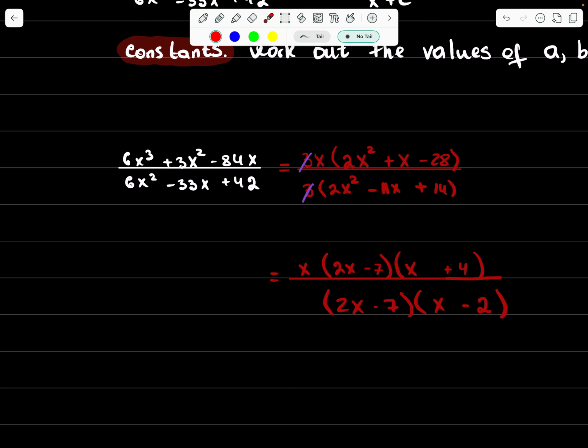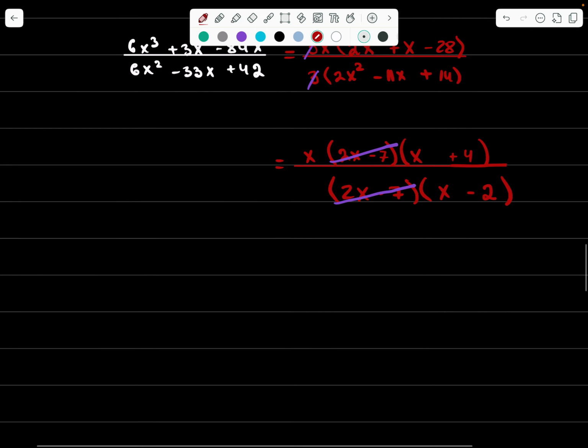So let's just check this out. 4 and negative 7 gives us 11. Alright, so that's it. All I have to do is simplify the common factors, and that is going to give us x multiplied by (x + 4) and (x - 2).